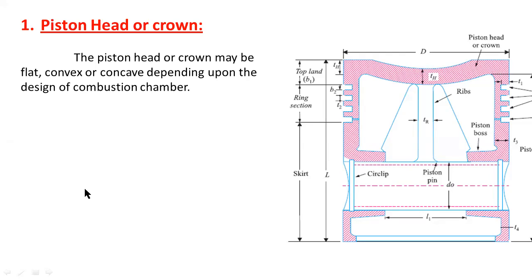Now I am going to explain the piston parts, that is, the piston head or piston crown. The piston head or piston crown may be flat, convex, or concave, depending upon the design of the combustion chamber.